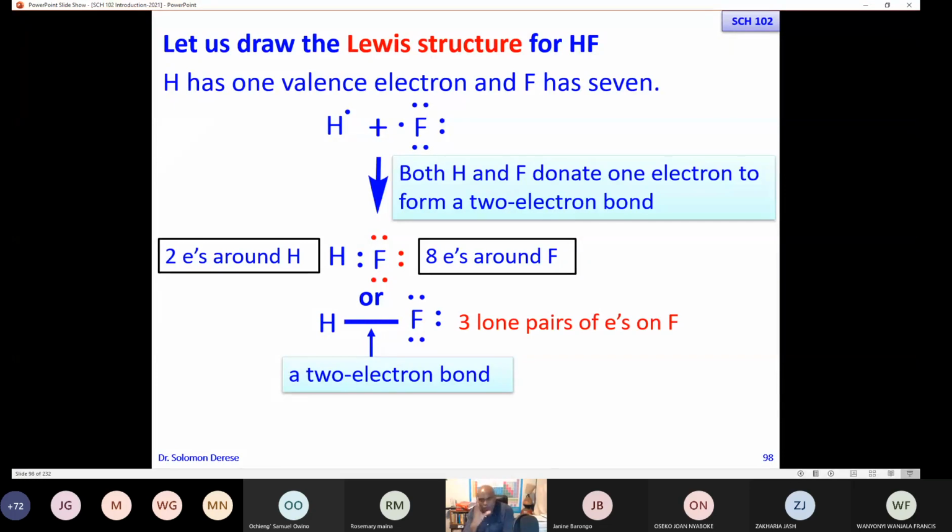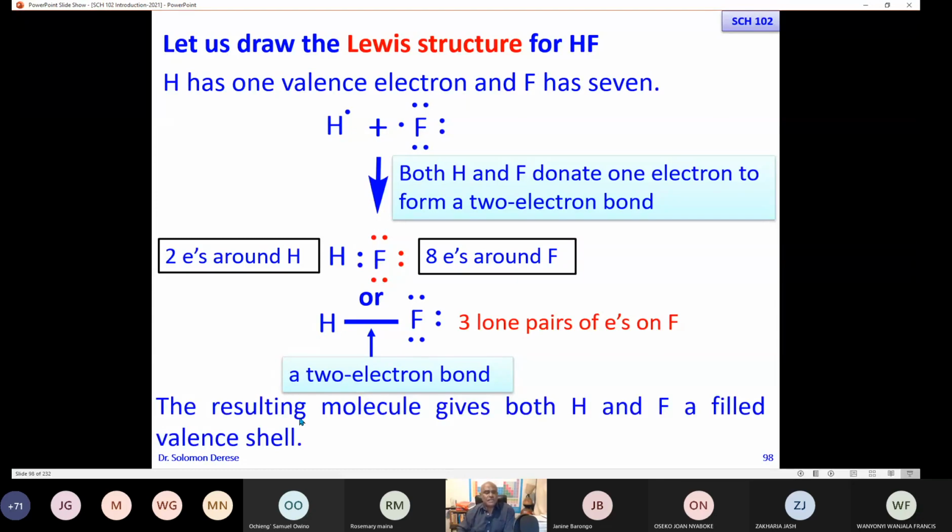But when you are drawing the Lewis structure in this unit, you have to indicate the lone pairs of electrons. Without indicating the lone pairs of electrons, the Lewis structure will not be complete and will not be acceptable. So the resulting molecule gives both hydrogen and fluorine a filled valence shell.